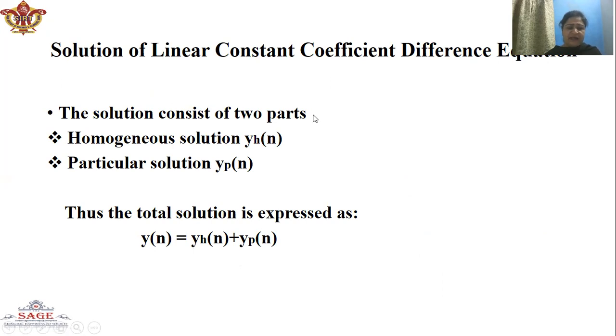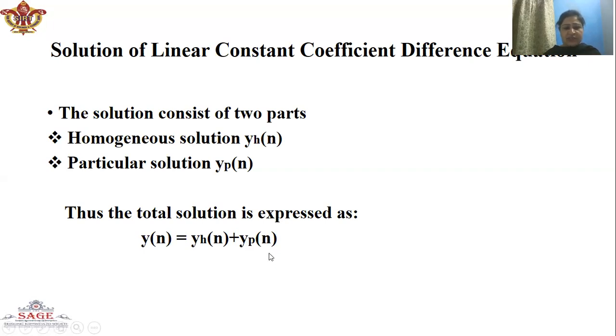Now, if I'm finding the total response of any constant coefficient difference equation, the solution will consist of two parts. First is the homogeneous solution, which is represented by y_h(n), which is the same as the zero input solution. And the second part is the particular solution, which is calculated for a given particular input. So the total solution or total response will be given as y_h(n) plus y_p(n).